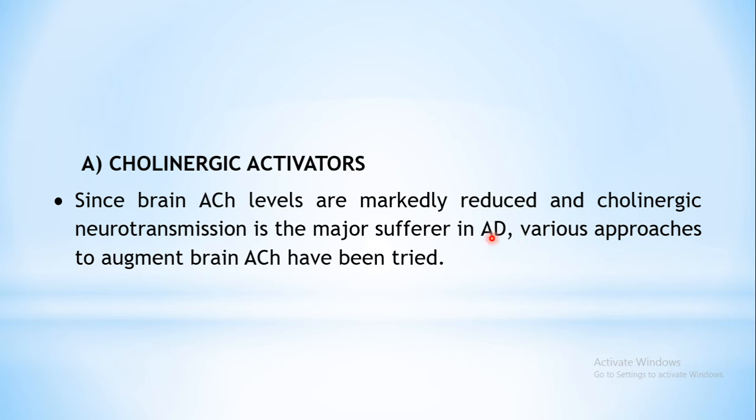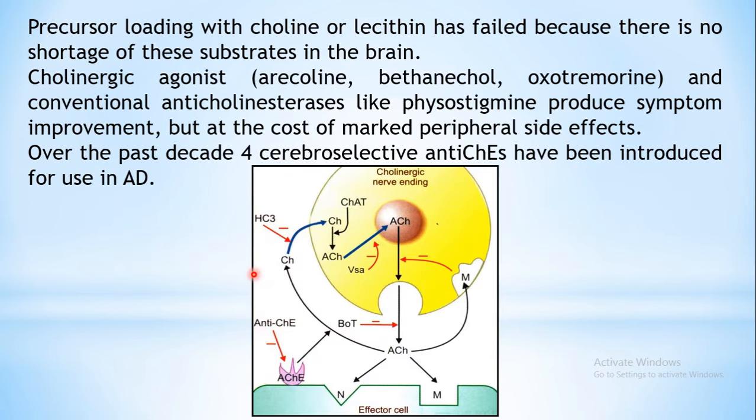AD is the accepted short form for Alzheimer's disease. Because of the discovery of this basis in the pathophysiology of Alzheimer's disease, several approaches were found to improve the brain ACH levels. Now, how can you improve the brain ACH levels?